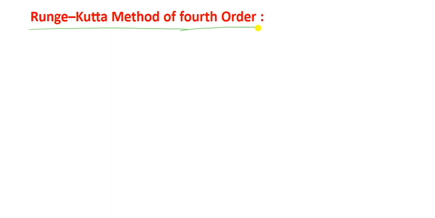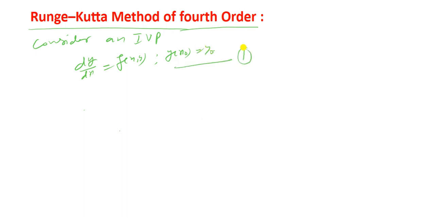So, here we consider an initial value problem dy by dx is equal to f of x, y with the condition y of x0 is equal to y0. Say this is equation 1.